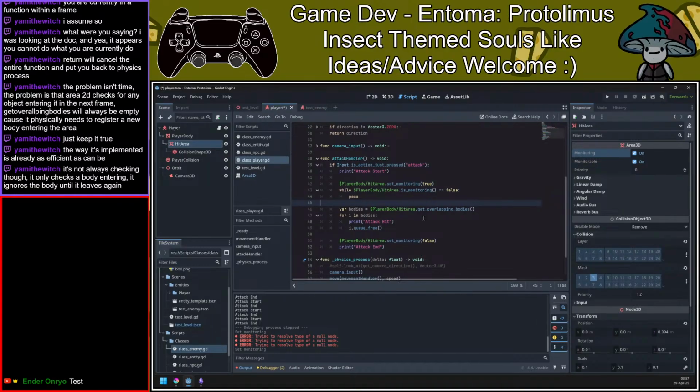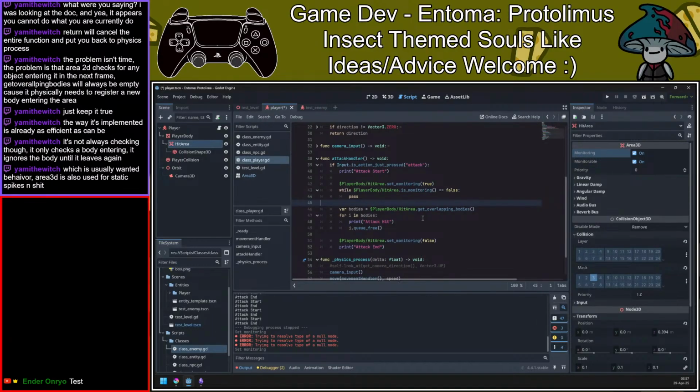It's usually wanted. Area 3D is also used for static spikes and stuff. Yeah, but spikes are ever present. It's impossible to know when the player is going to hit the spikes. But for something like an attack hitbox, that should be easy to know exactly when it should be existing.